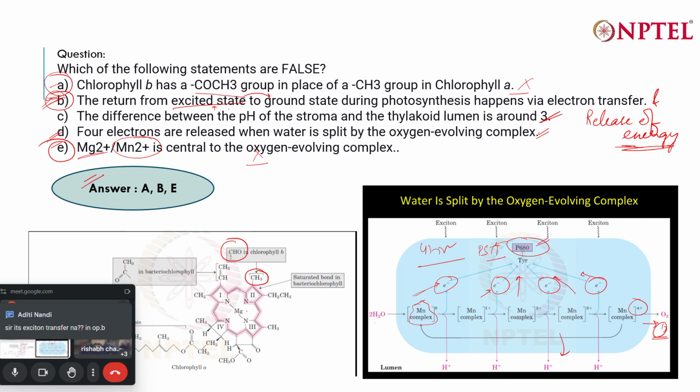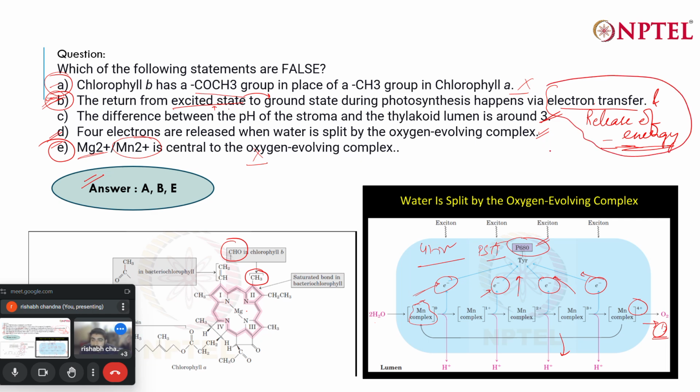So any doubts in this question? Yeah, both. It's actually both electron transfer as well as the energy transfer. Okay, so it is both actually, not only the electron transfer.